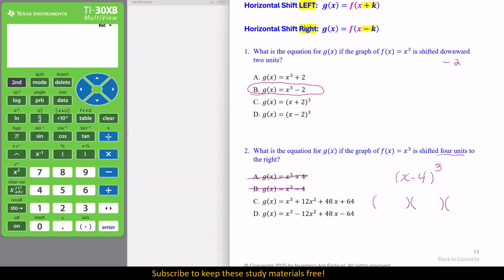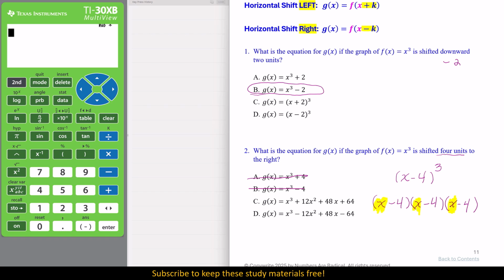That may sound lazy to you, but all you really need to do is jot it down really quick and look at the beginning. I have x times x times x. That's the first term, x to the third. C and D both have that, so that's a check and another check.